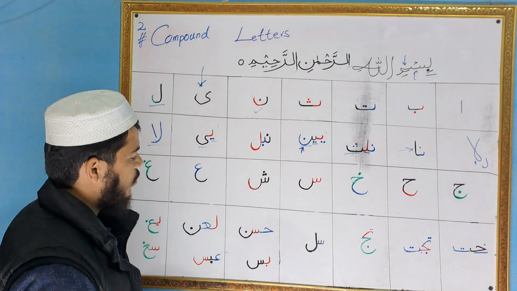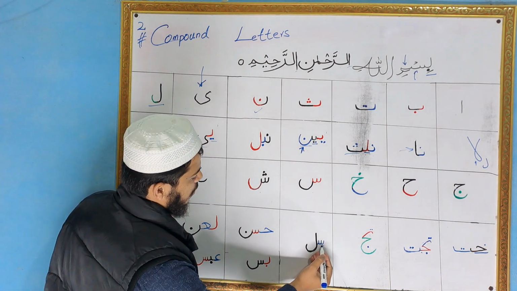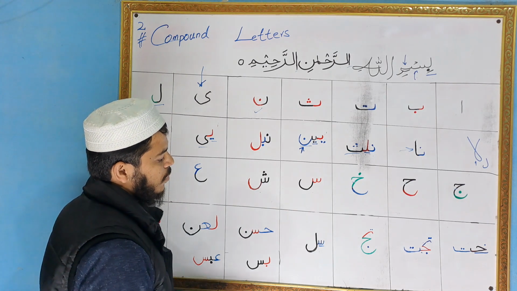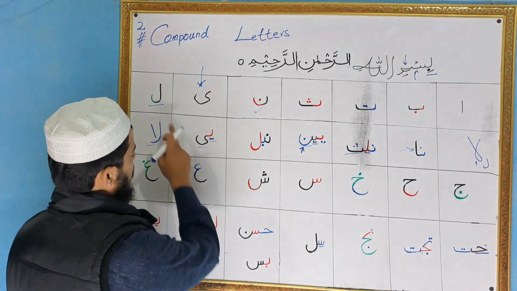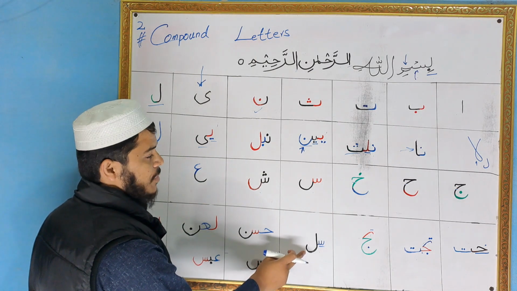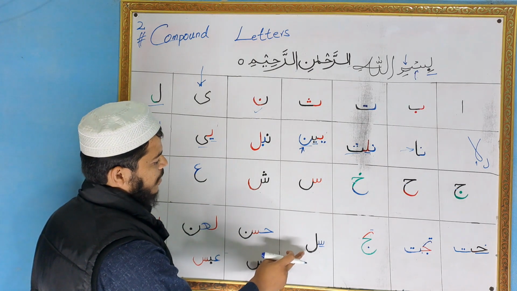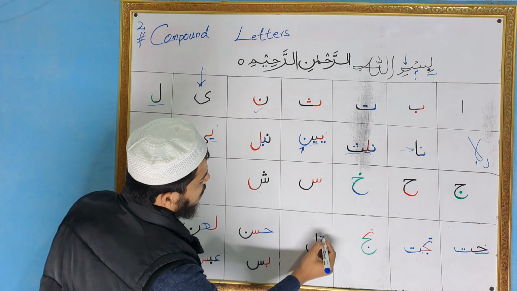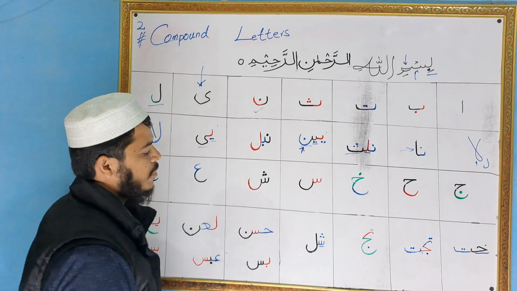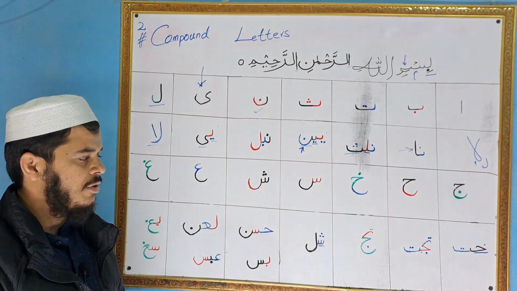Similarly, when it comes as a beginning letter, it will look like seen, and this is lam, because it's coming at the end, it's in original form. Seen, lam. If I put three dots on it, it will now be sheen, lam.